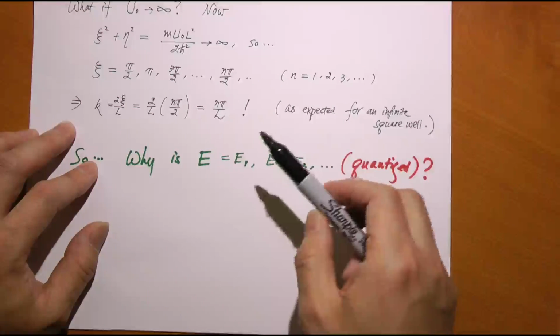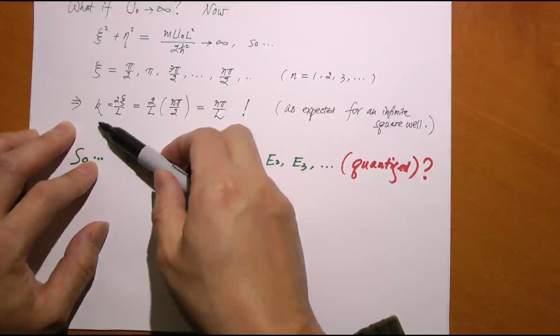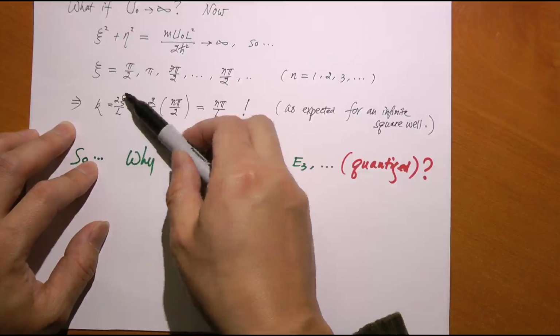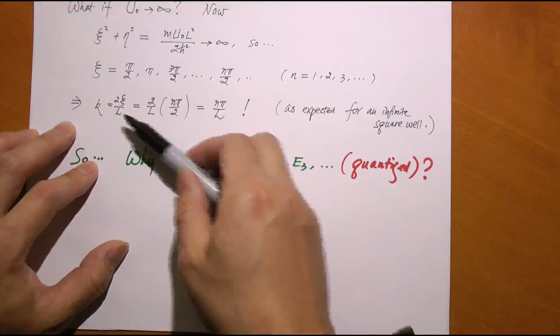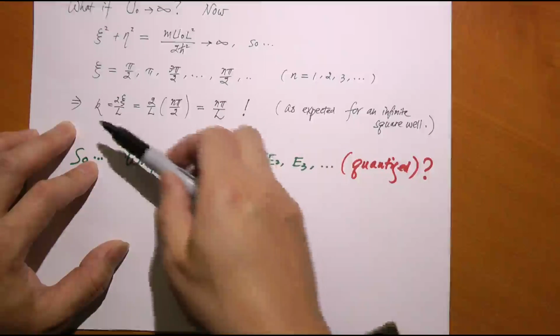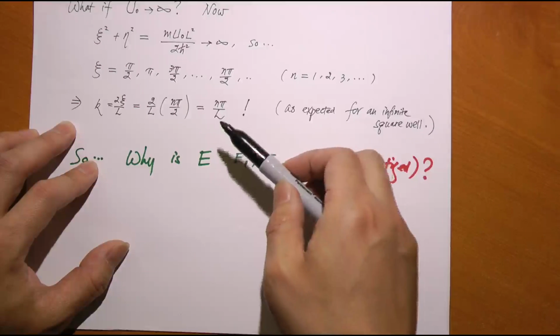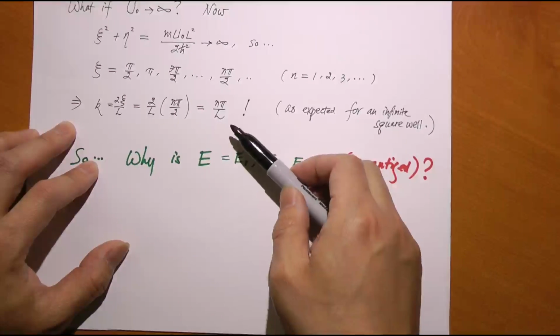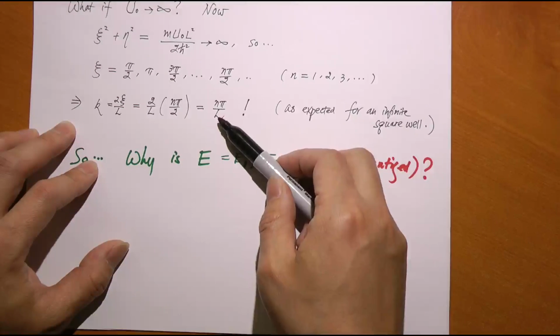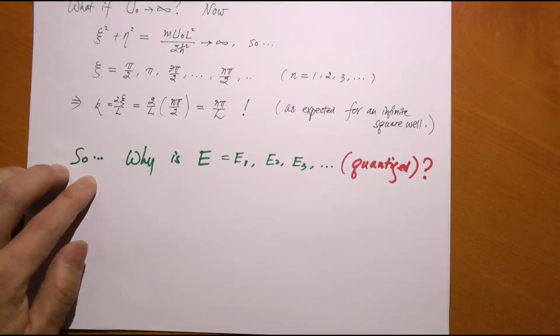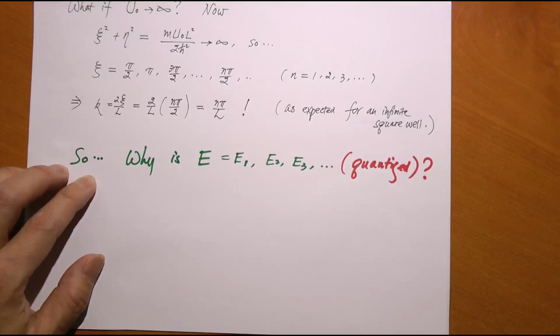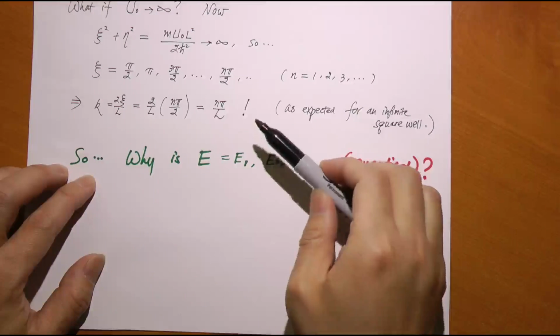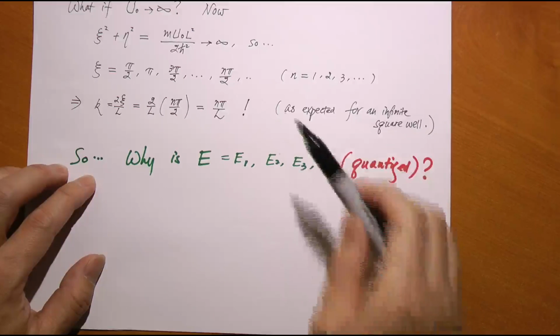But psi itself is equal to kL over 2 by our definitions. Therefore, k is 2 psi over L, psi being n pi over 2. So you see k equals n pi over L. That's exactly what we got before. This is from the boundary condition that kL must be equal to n pi at the border to ensure that sine kx goes to 0 there. So you see, we do go back to the infinite square well case.